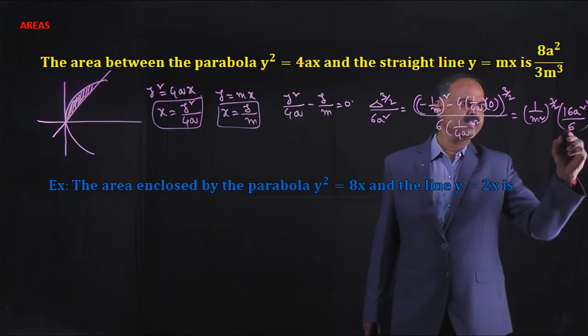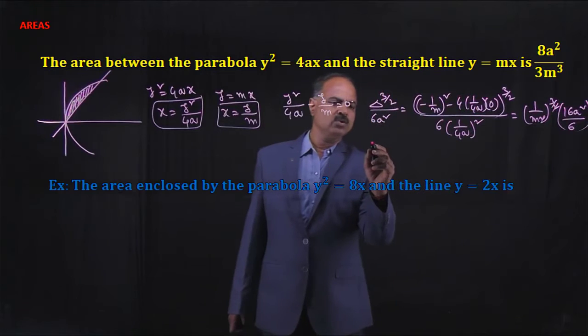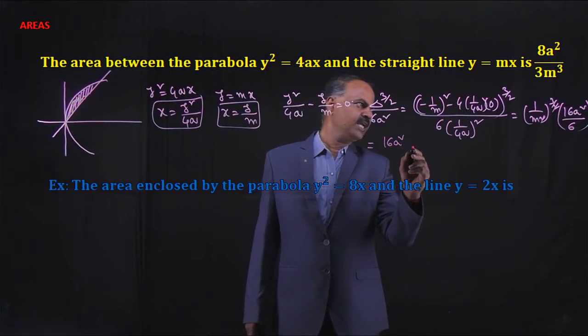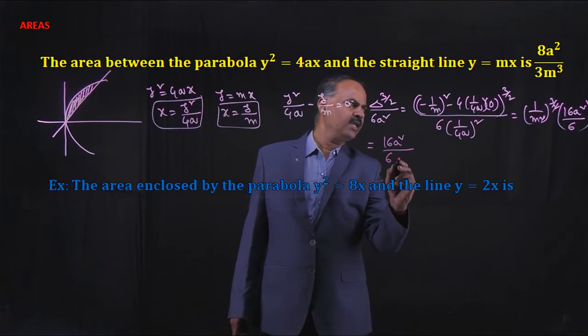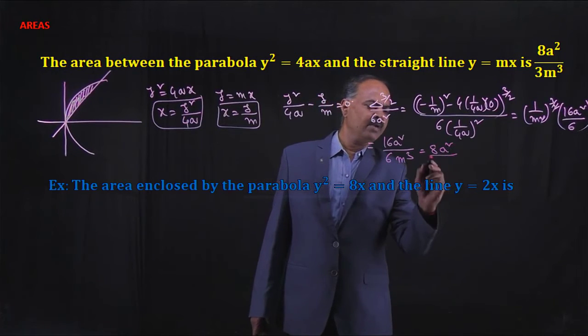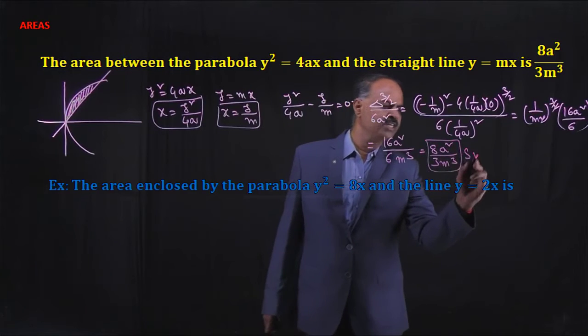The square gets cancelled, and that is equal to 8a square by 3m cube square units.